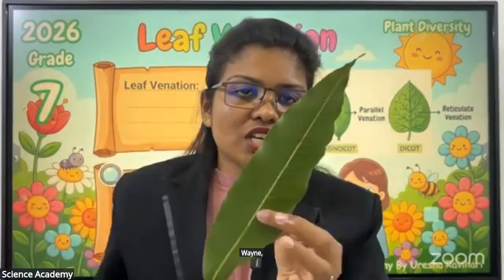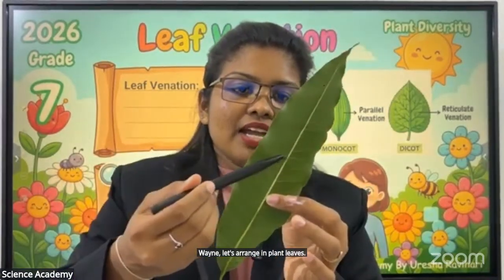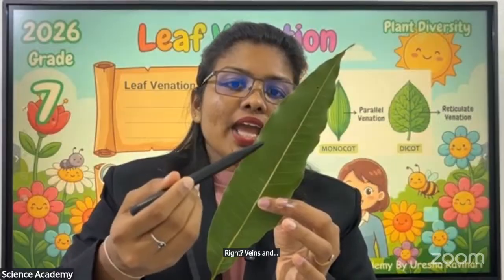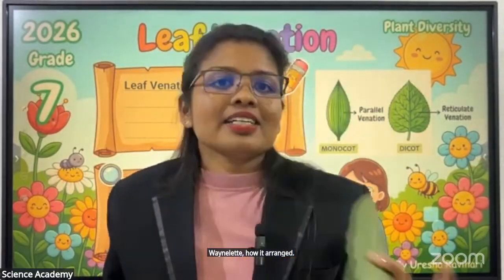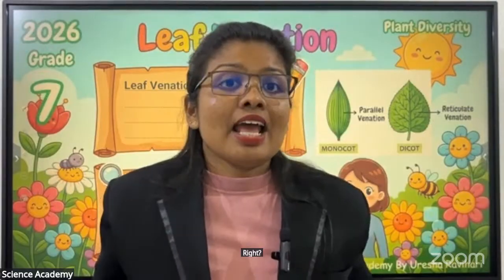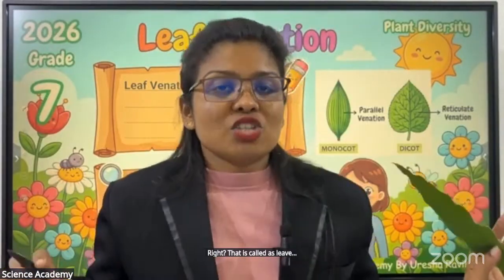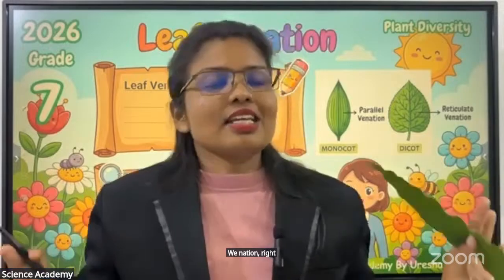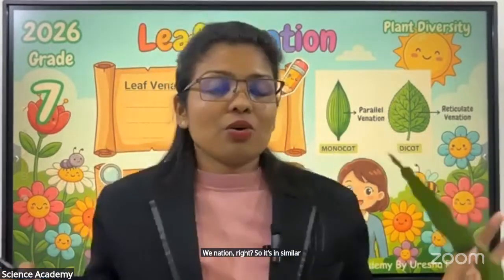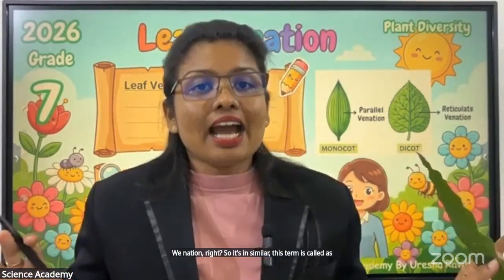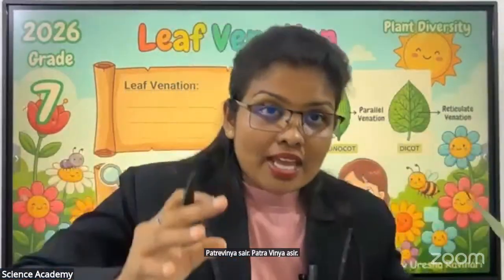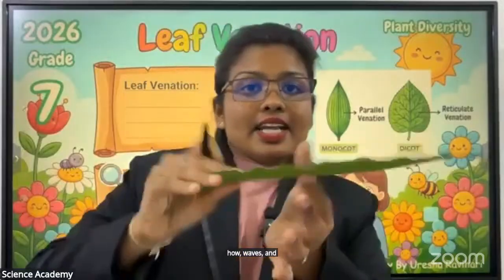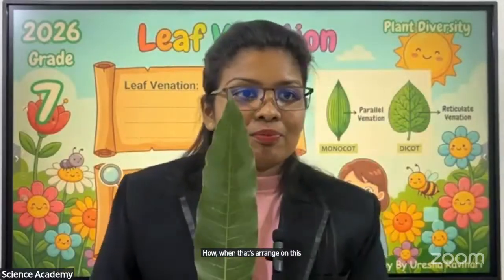That is called leaf venation. In Sinhala, this term is called Patra Vinyasaya. How veins and veinlets are arranged on this plant leaf.